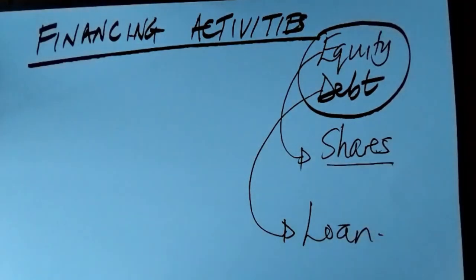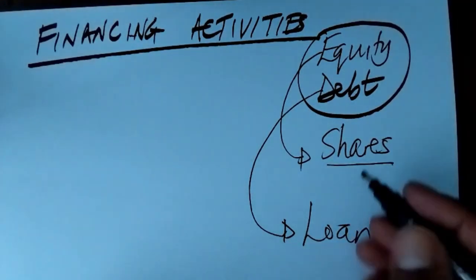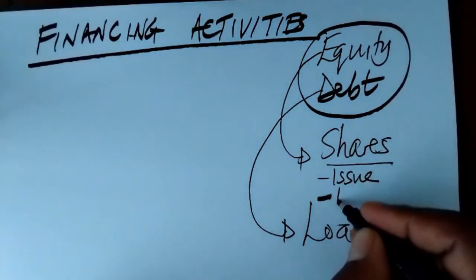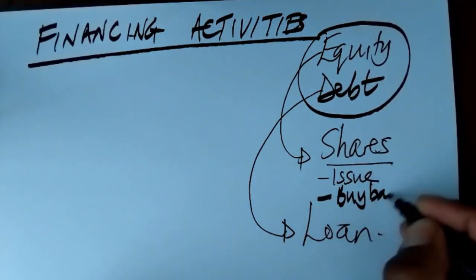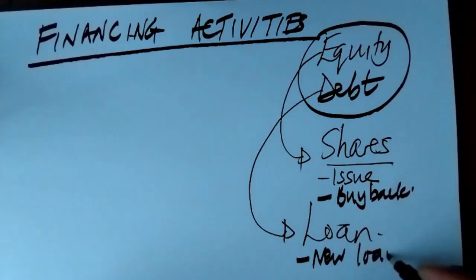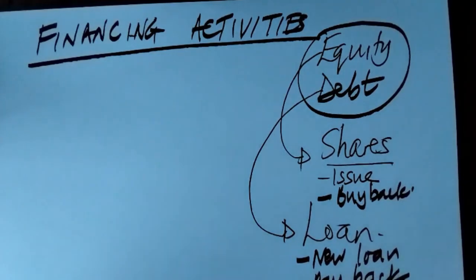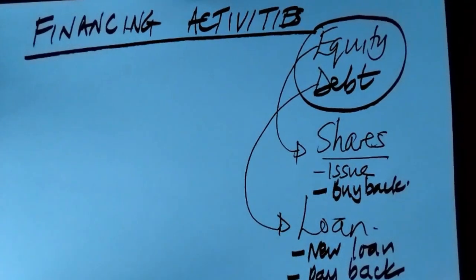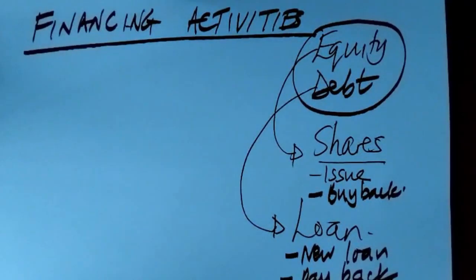So there are only two things that can happen to shares. You can either issue shares or you can buy back shares, right? And with the loan, you can receive a new loan or you can pay back. So those are the four activities that can happen around your financing.